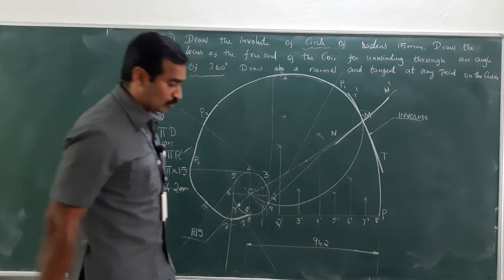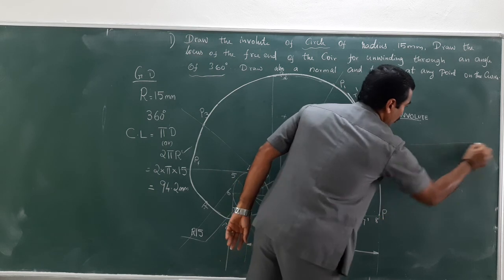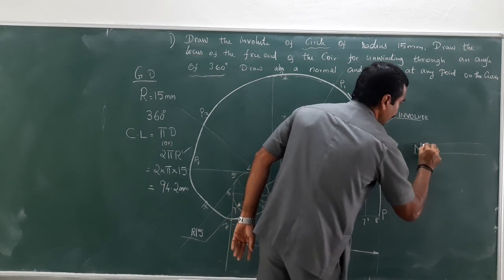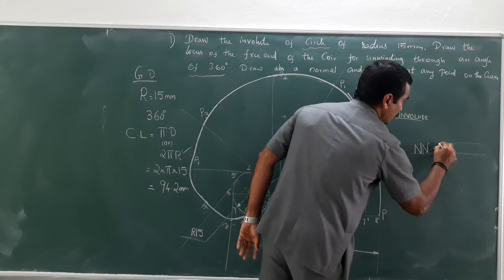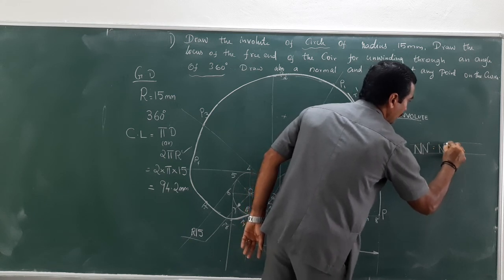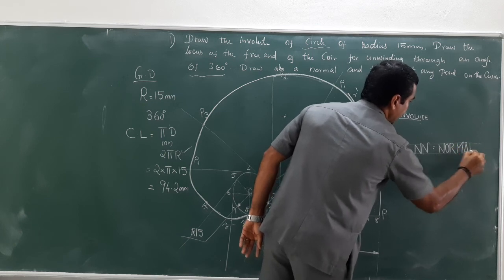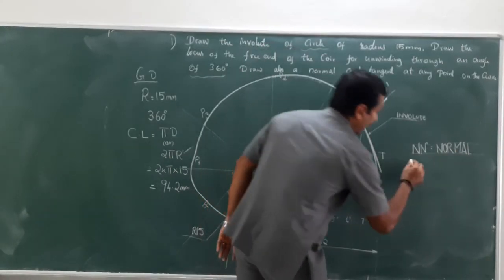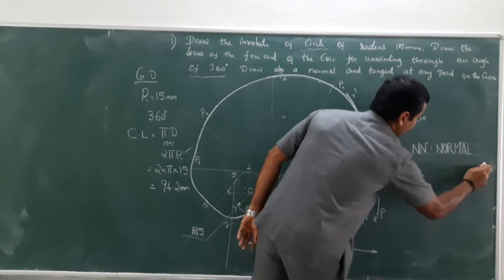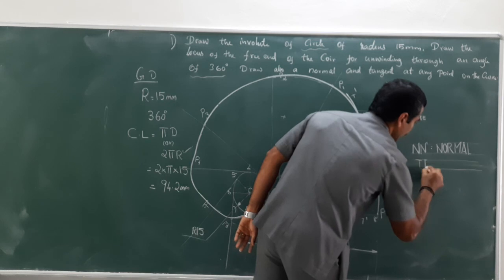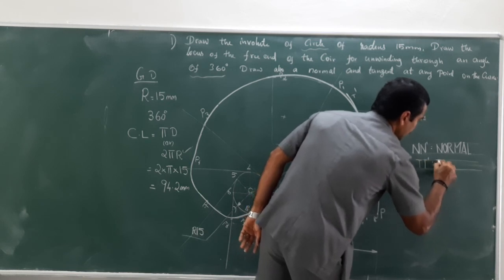Next, what I have to do? I have to give the note. That is N dash stands for normal. The guideline should be of 5 mm height. And T dash as tangent.